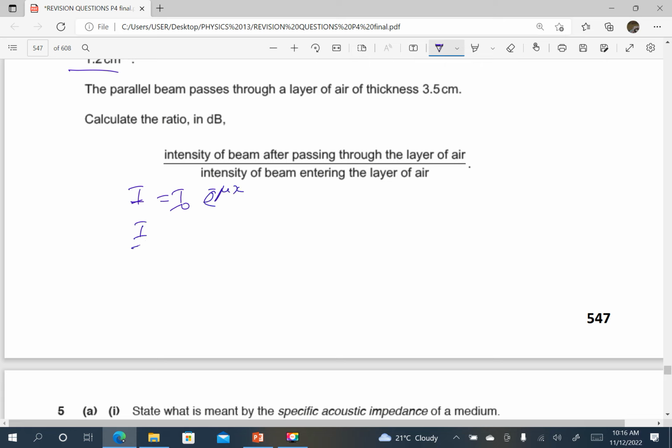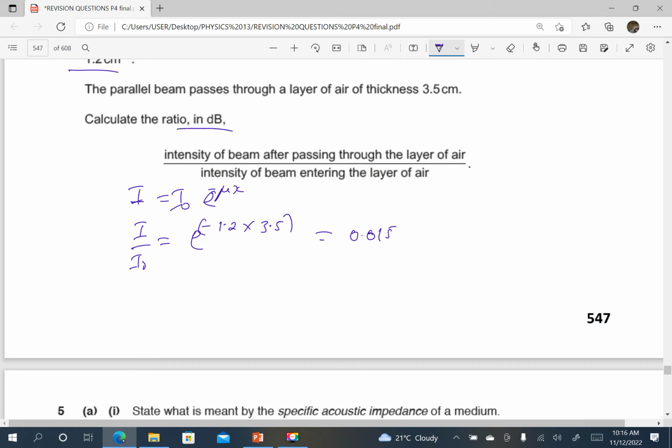So I over I naught is what we want to find. So this will be e power negative mu, which is 1.2 per centimeter, times the thickness, 3.5 in centimeters. I don't convert the units, they will cancel out. So this gives me 0.015. That is the fraction.